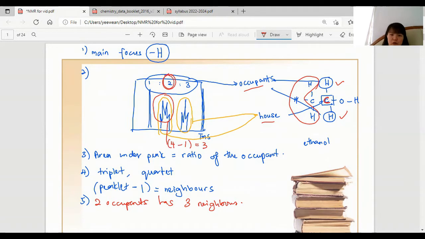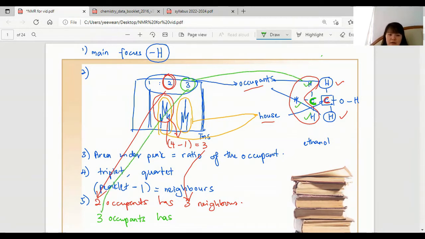So 2 occupants has 3 neighbors. Let's focus on the green carbon this time. Read with me again: 3 occupants has 2 neighbors. And it's a triplet here, so 3 minus 1 gives me the number of neighbors.